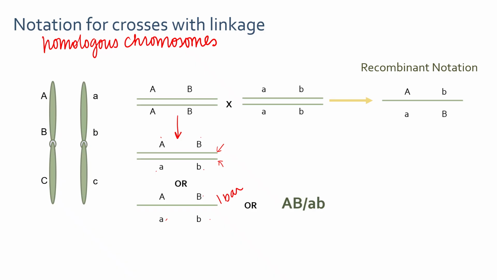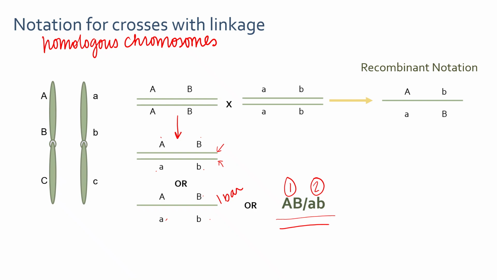And then sometimes, just to be even more lazy, they just write it as just the letters. One chromosome has A, B, the other chromosome, the homologous chromosome, has little a, little b. If we want to note that recombination has happened, we just draw the chromosomes and the alleles wherever they go.